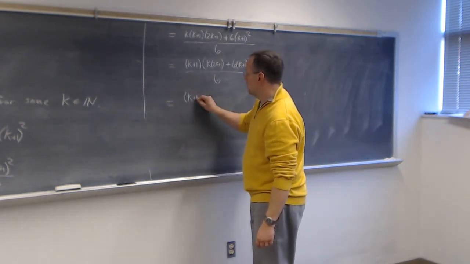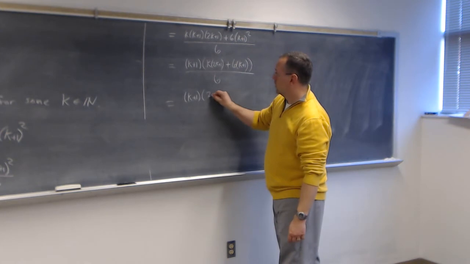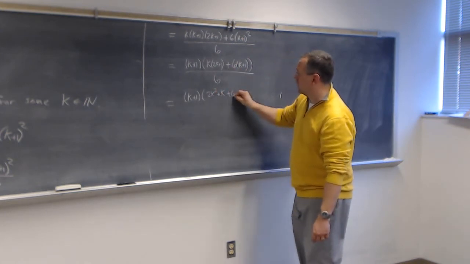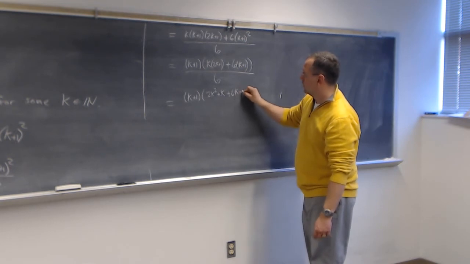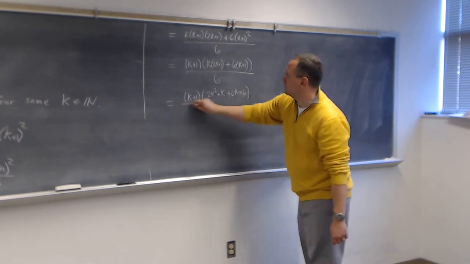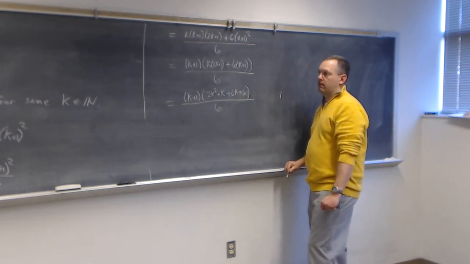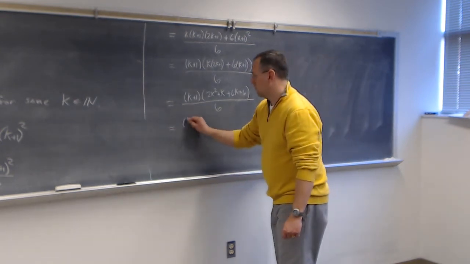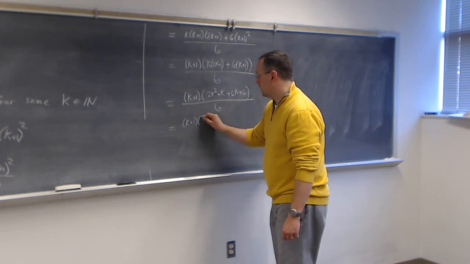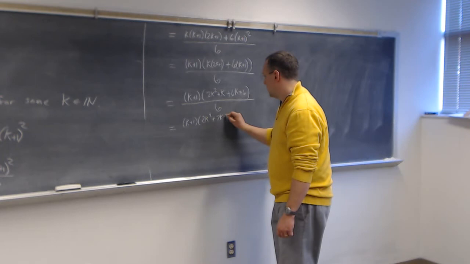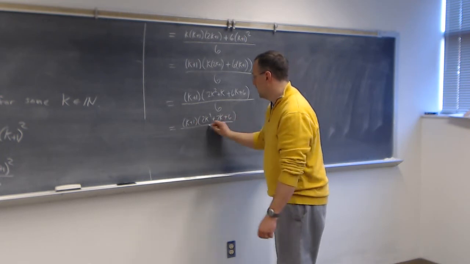So k plus 1, this would be 2k squared plus k, this would be plus 6k plus 6, equals k plus 1 times 2k squared plus 7k plus 6 all over 6.